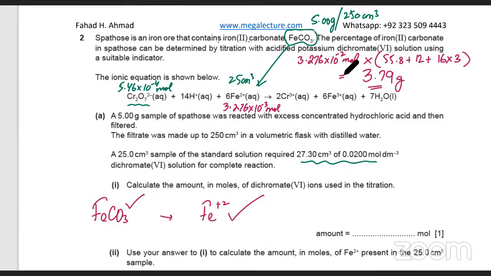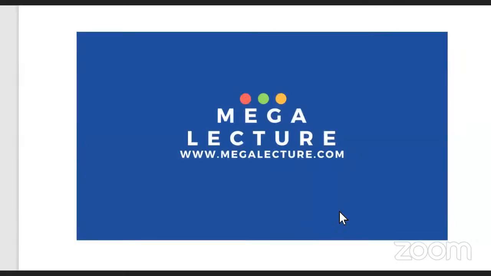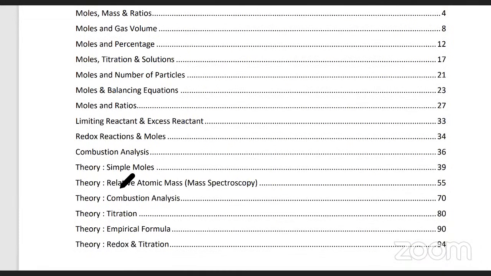Is that clear? 75.8%. So just remember redox titration, but the only difference is that you might be asked to balance the redox equation. Otherwise, the titration question is pretty much the same.